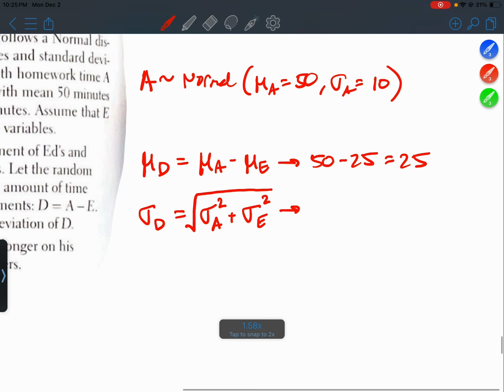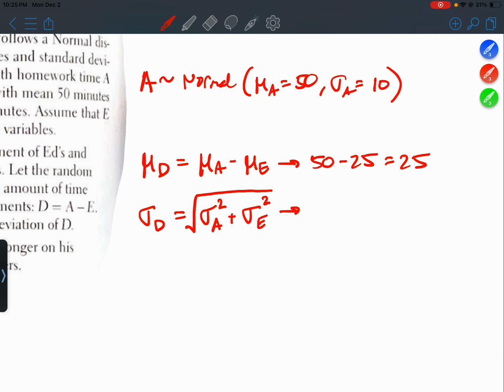So this is going to be 10 squared plus 5 squared, and then we'll root the whole thing. That's the square root of 125, about 11.18.